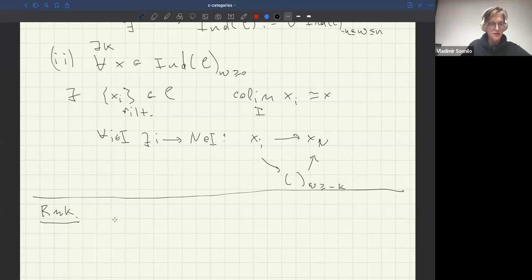So, okay, sorry about that. So condition 2 is equivalent to the following.